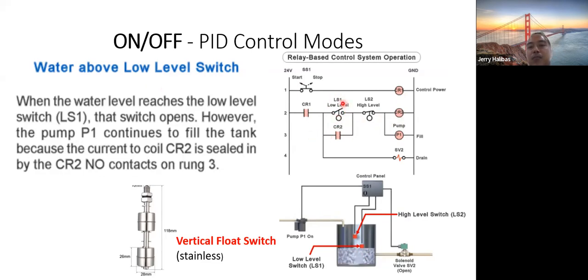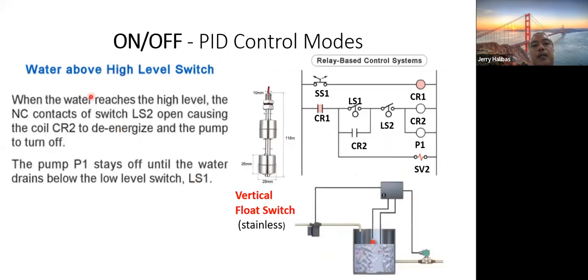Therefore, even though this circuit is open, there is always continuity of current going towards your pump as well as your final control element, the valve. So the pump will always fill the tank, even though the water level reaches the low level float switch.